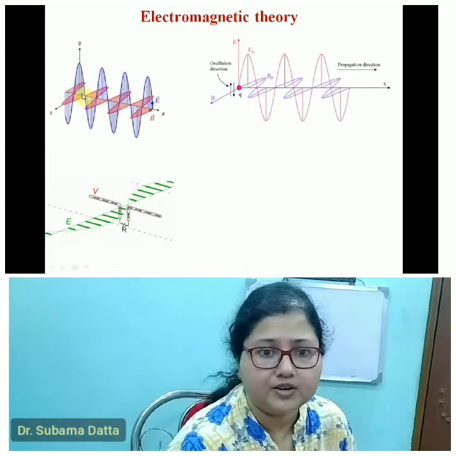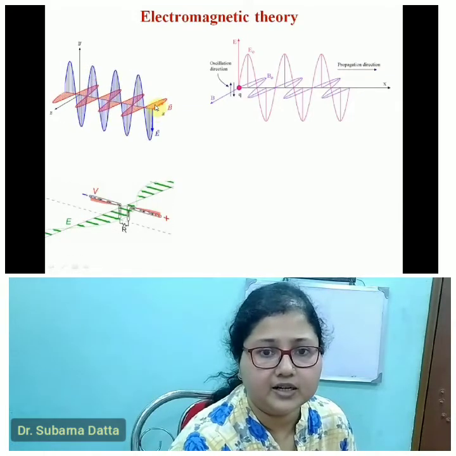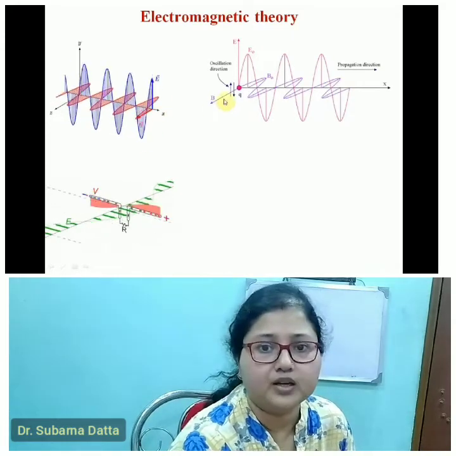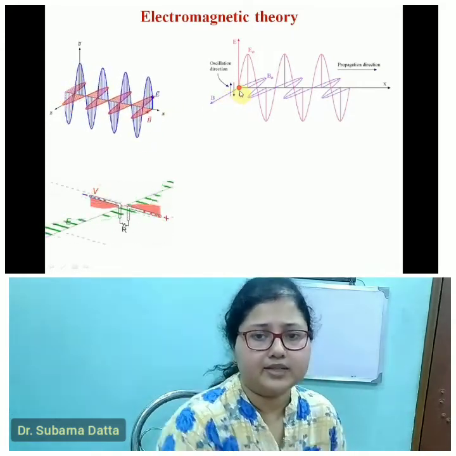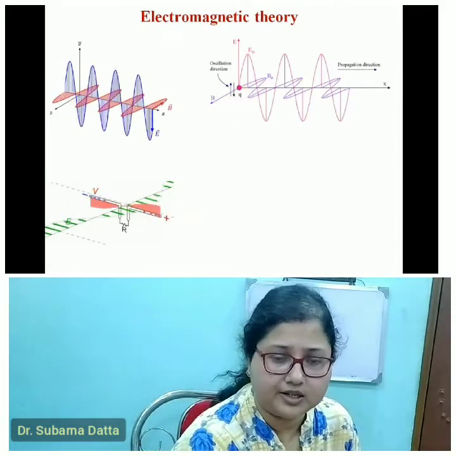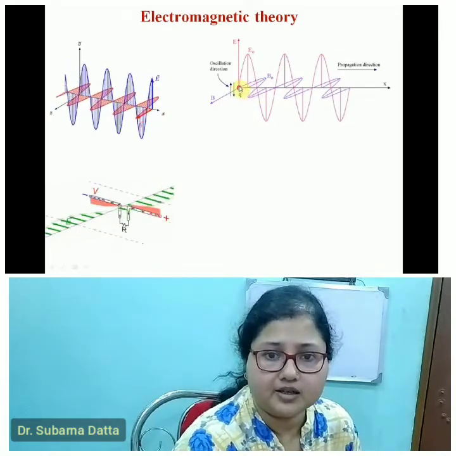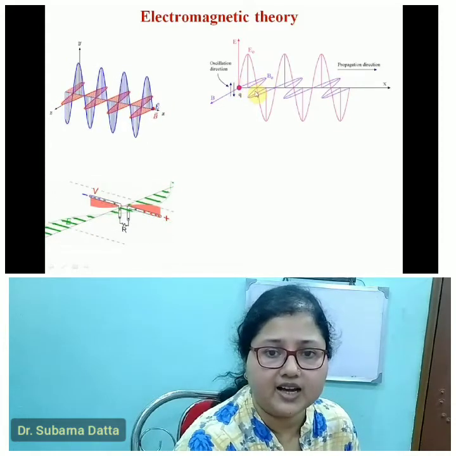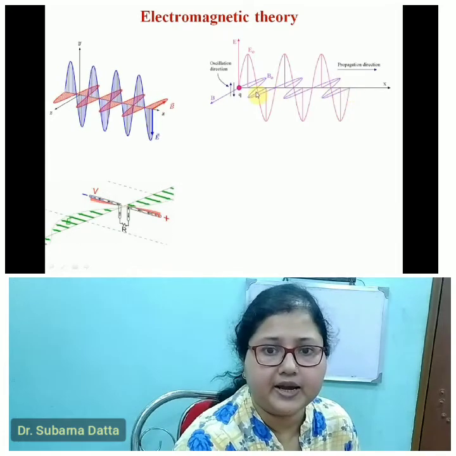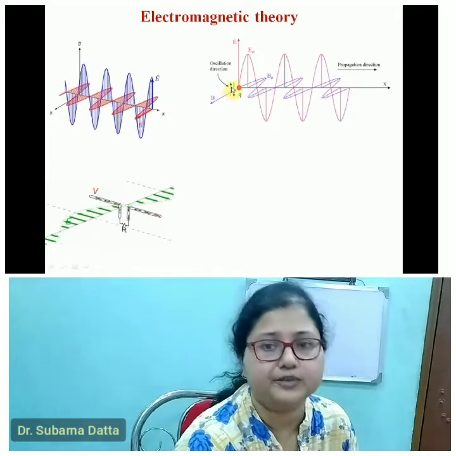Suppose the electromagnetic field is propagating along the x direction, which is perpendicular to the electric field and magnetic field. Then the question arises: how is the electromagnetic field generated? If a charge Q is oscillating along the x direction, an electromagnetic field is generated, which is perpendicular to the electric field and magnetic field.